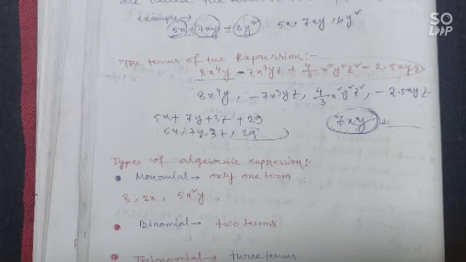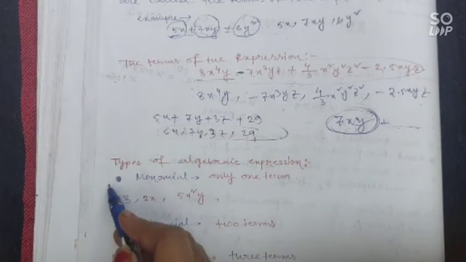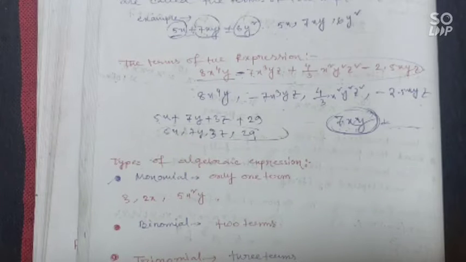So based on the number of terms, we can divide algebraic expressions into different categories. First type is monomial. What is called monomial?